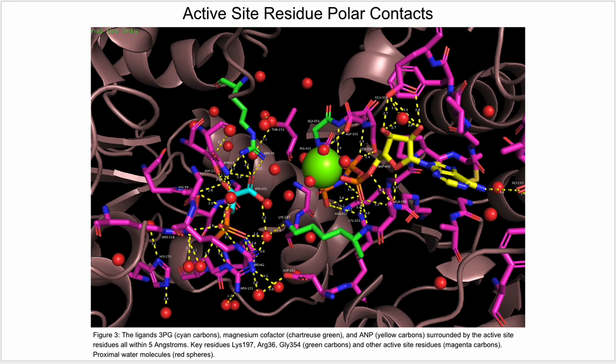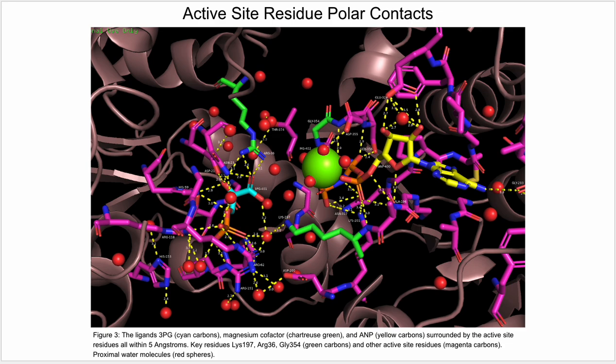The amino acids close enough to contact the ligands are arginine 151, arginine 62, arginine 118, histidine 59, aspartic acid 21, asparagine 23, arginine 36, lysine 197, glycine 354, serine 356, aspartic acid 355, glutamic acid 324, glycine 293, alanine 196, asparagine 317, and lysine 201.